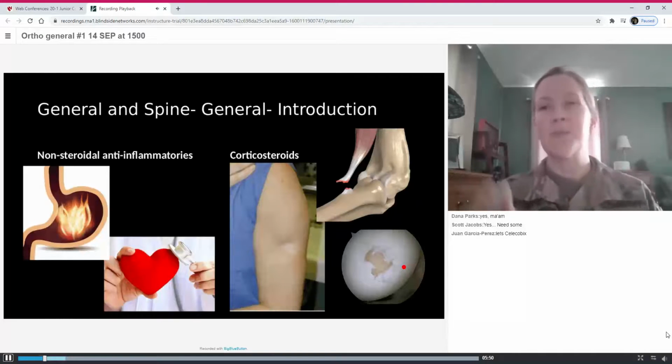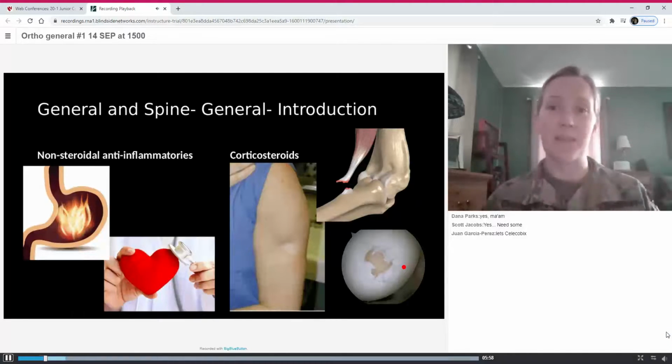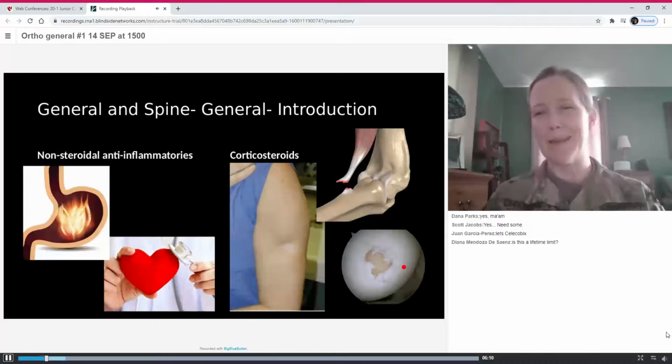The text doesn't define that in this general section, but it will when we get to shoulder. It's not something unique to shoulder, so I just wanted to bring that up now. Yes, it's a lifetime limit, the life of the joint. The reason I don't say it quite like that is because I can throw a couple more in after we replace the joint.